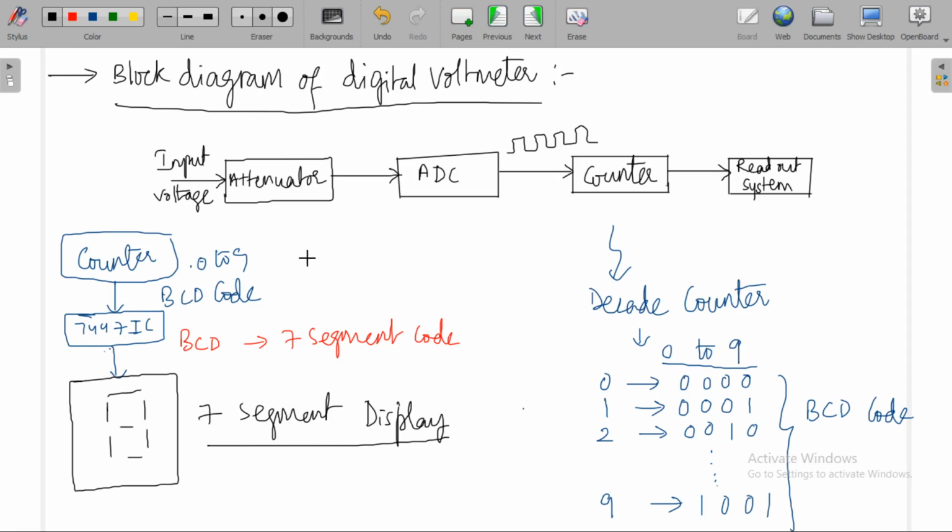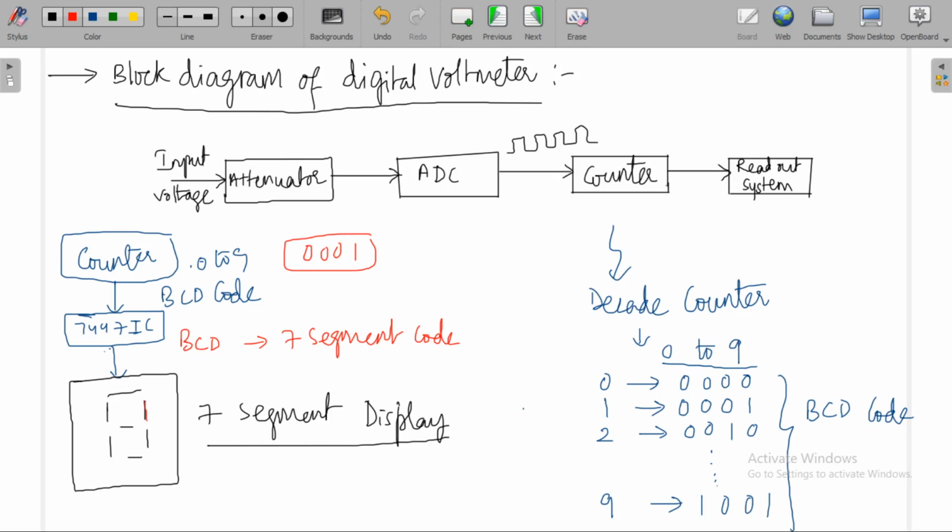Suppose if BCD code is 0001, this IC will convert this BCD code into 7 segment code, so that this 7 segment display displays 1.